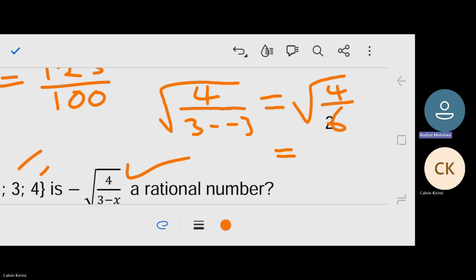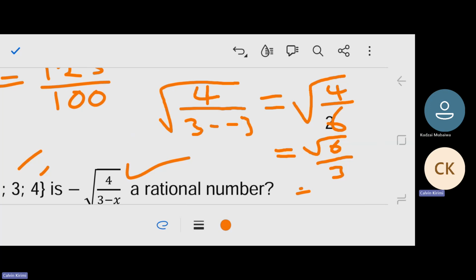I got square root of 6 over 3. Put it as a decimal. 0.81. Is it exact or did you round off? The answer is root of 6 over 3.